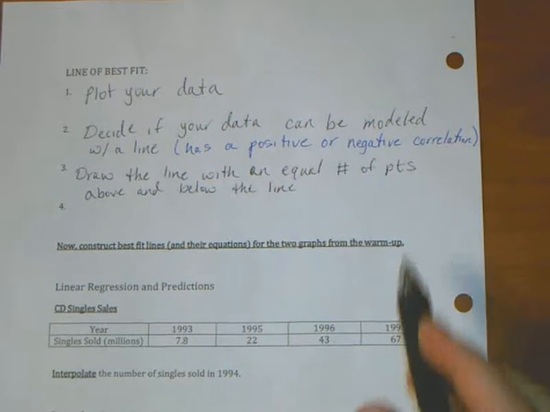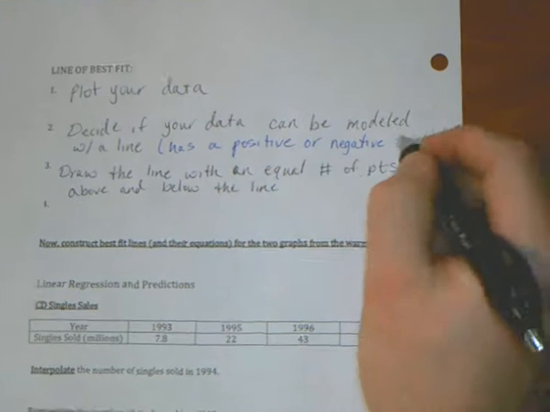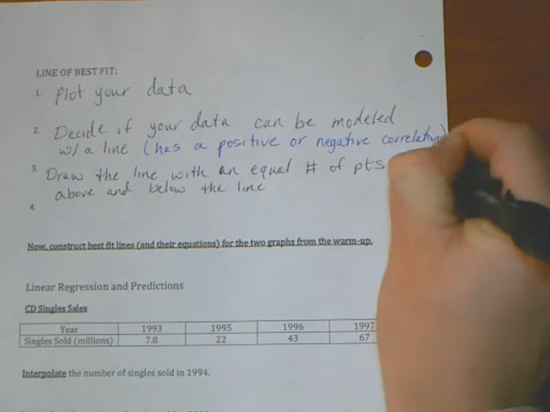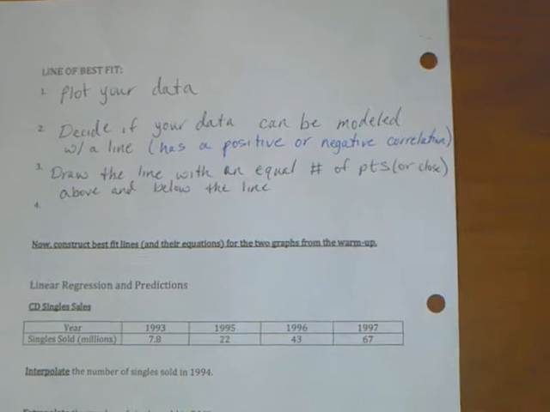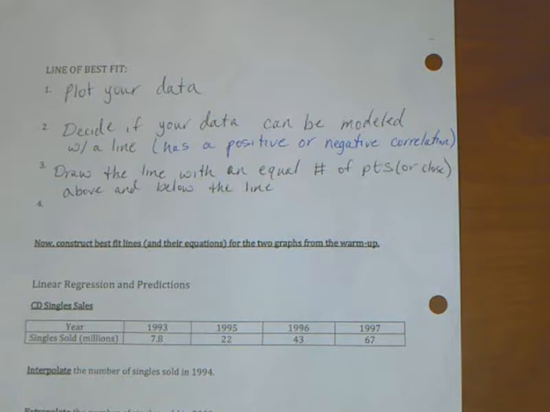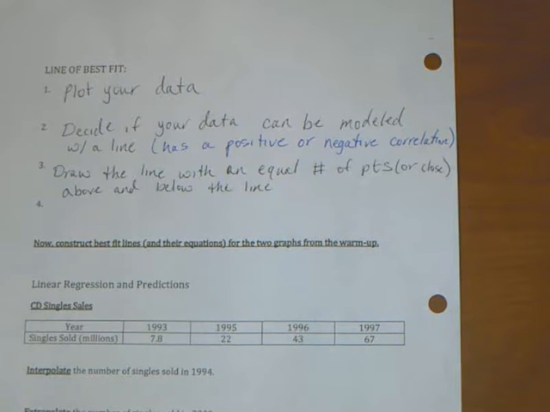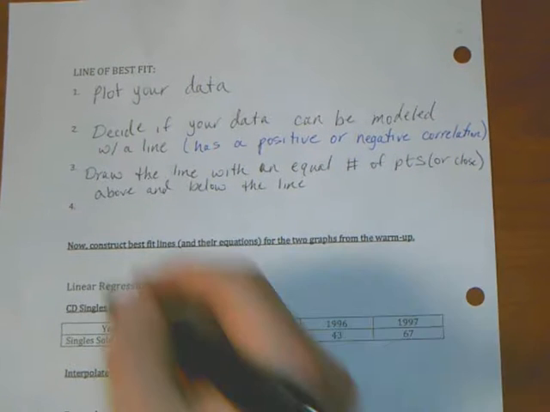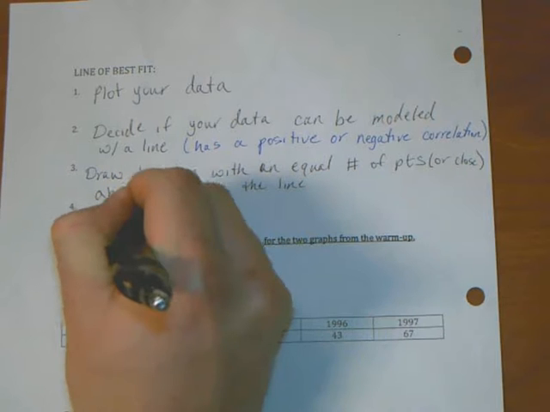It doesn't have to be an exact science, so an equal number of points or close. About an equal number of points above and below. That's your last step: you have to write the equation of the line.